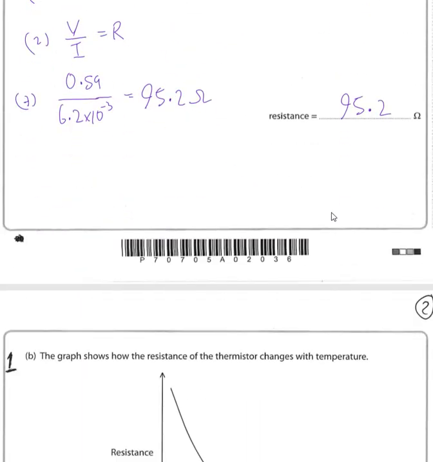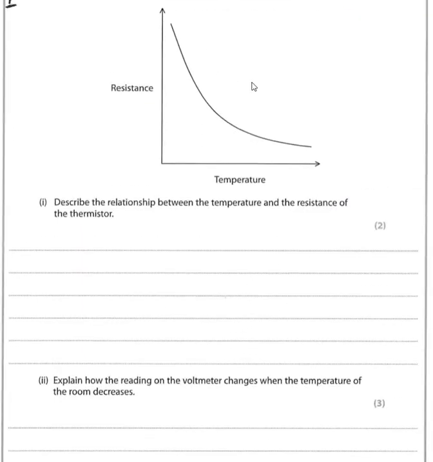Here we go. Now, describe the relationship between the temperature and the resistance of the thermistor.